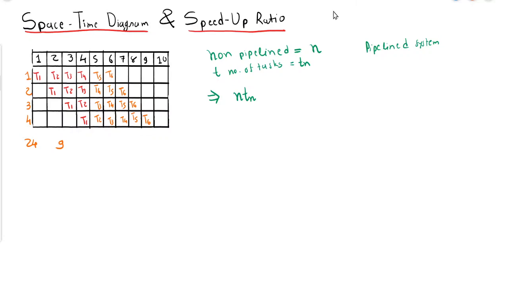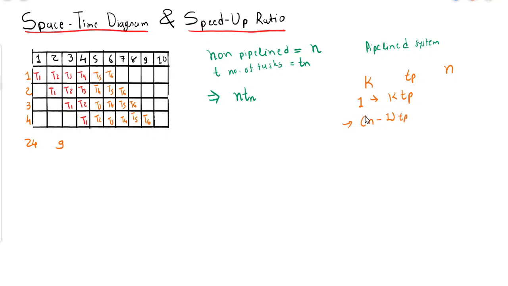If we have a k-segment pipeline, and tp is the time required by the pipeline system to execute n tasks, then the first task requires time equal to k tp. For the first task only we require k tp. For all the remaining tasks we get output in n minus 1 tp. Why?